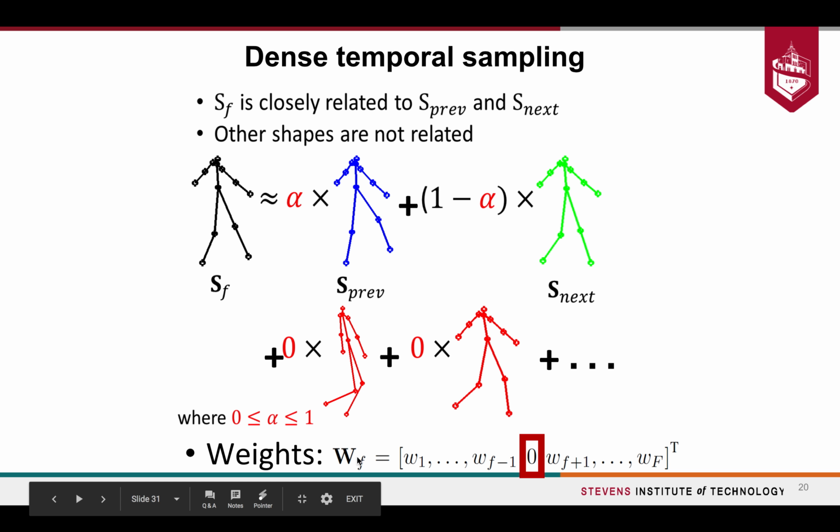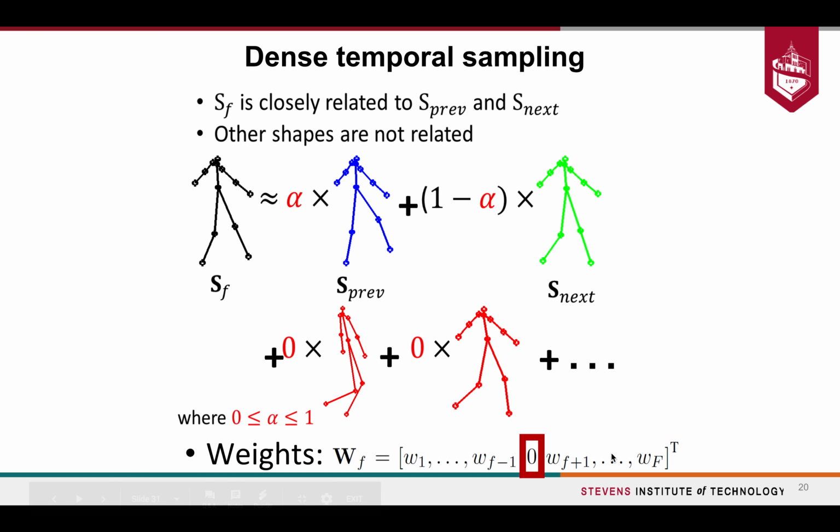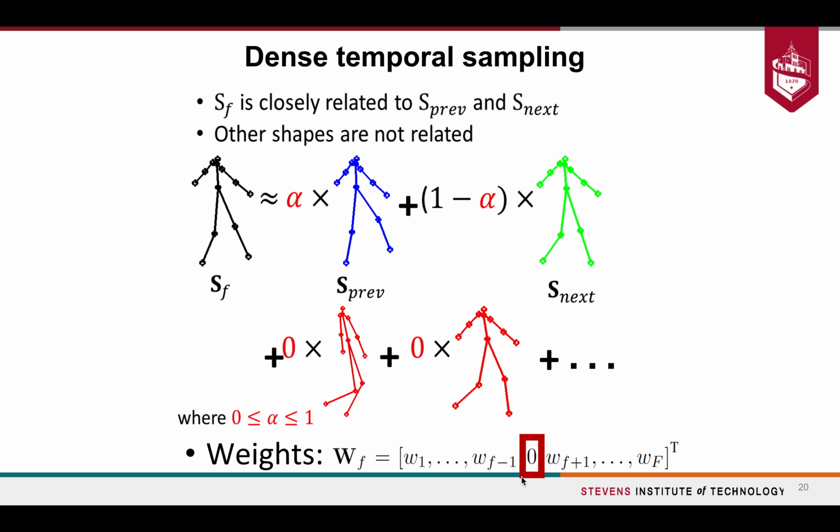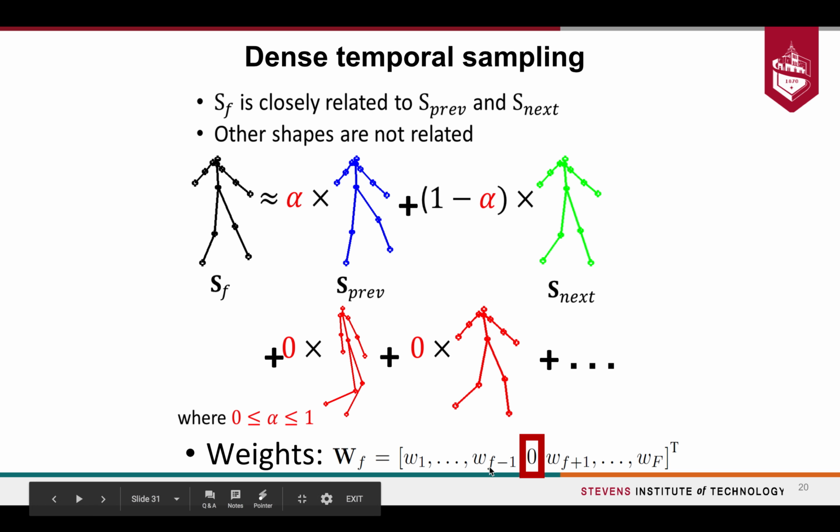Finally, they build this weight matrix. For each column, they force the coefficient corresponding to itself to 0, since a frame shouldn't be expressed by itself, and ideally we have values on the two neighboring frames and all the others are 0.